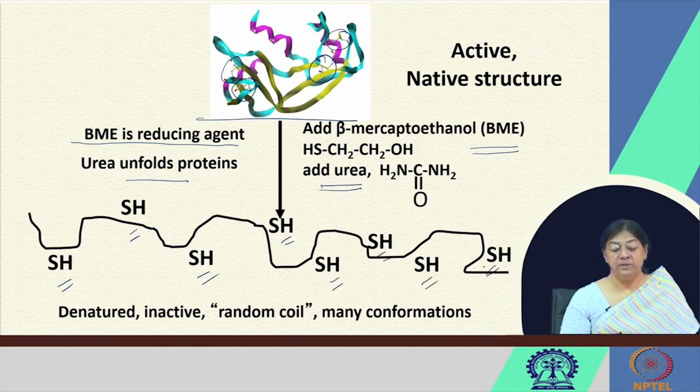Since the SHs were free, they could interact with any other SH to form a different disulfide bond. We had 58 and 110 that formed a specific disulfide bond. 58 now can pair with another cysteine to form a different disulfide bond.